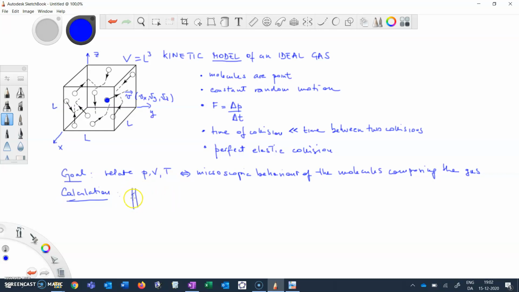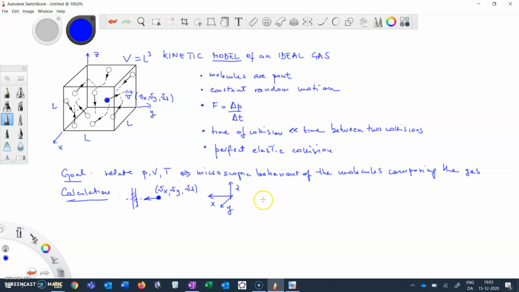Let's imagine that I have one of these molecules that, by chance, is going in the perpendicular direction with respect to the wall, and we have as velocity Vx, Vy, and Vz for this molecule. We have oriented the axes so that the x-axis is directed in this way, then the z-axis, and then the y-axis this way.